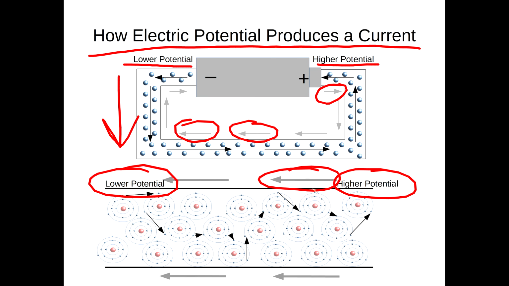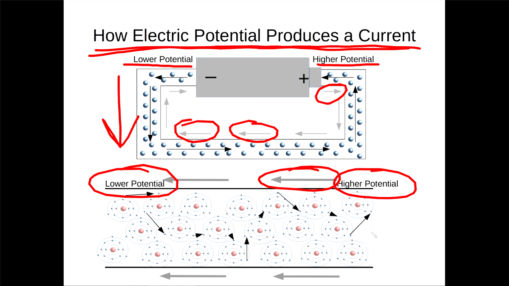Really, it's this electric field that is causing the electric force on these charge carriers, in this case these electrons in this wire, and it causes them to move in an overall single direction, in this case to the right, because they're negative charge carriers, so they want to go from a lower potential to a higher potential. And overall these electrons, as we'll see in the next video, produce a current. A current is just a flow of charge carriers. So that's pretty much it. I just wanted to show you guys real quick how the electric potential actually produces a current.